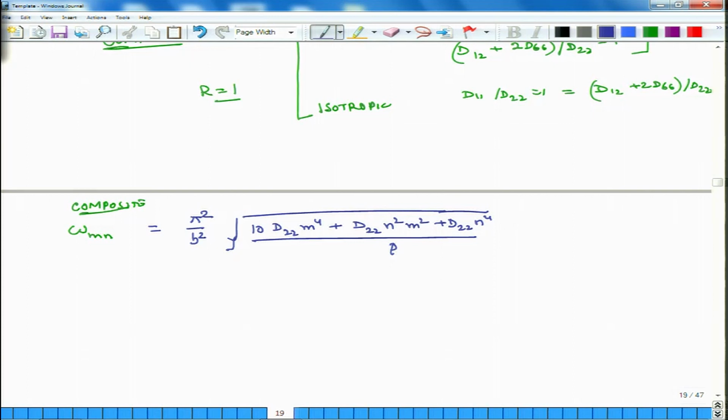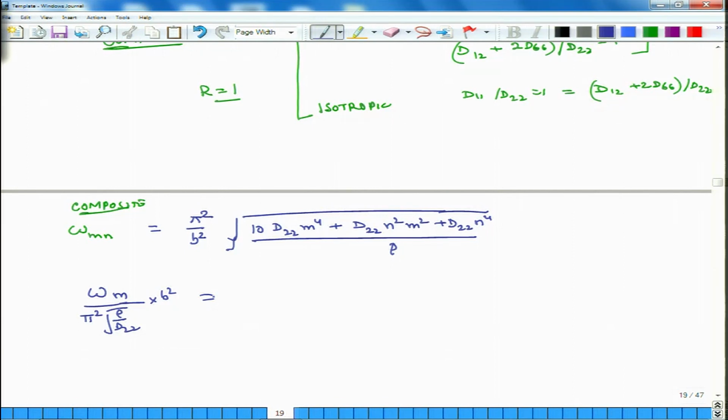So, I take d22 out. So, omega mn, when I normalize it, I divide both sides by pi square, and this d22 comes out, rho over d22, okay, and into b square.